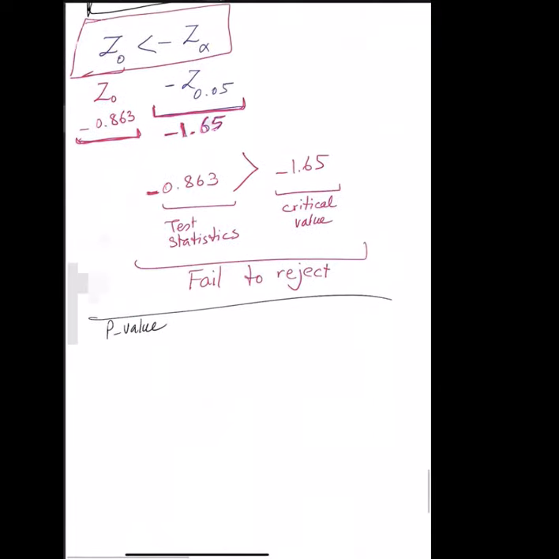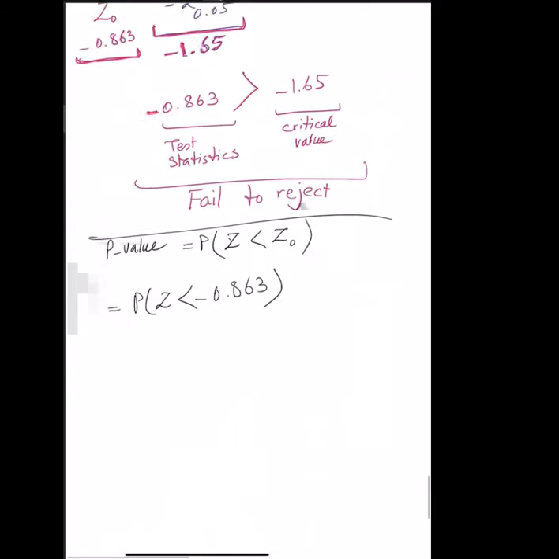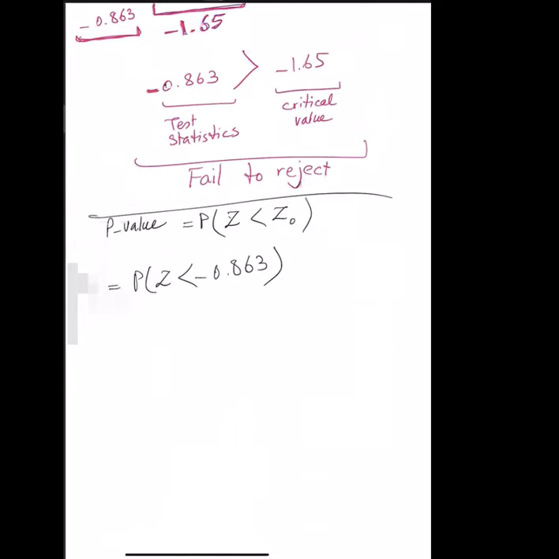So p-value is basically the probability of your z to be less than your test statistics. Probability of z less than minus 0.863. Okay, so this is a one-sided test, right?